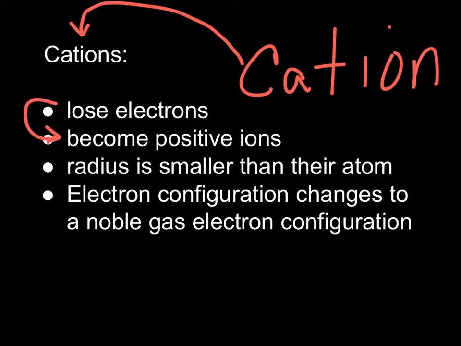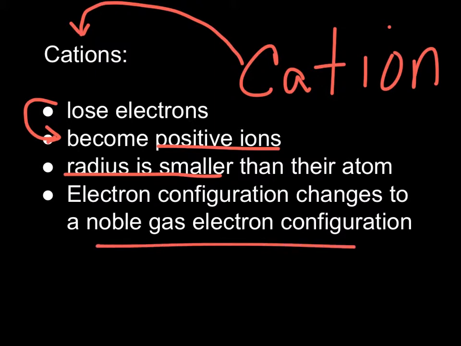When they lose their electrons, they have more protons than electrons, and they become positive ions. The radius becomes smaller because you tend to lose that valence shell, so your next shell in becomes your valence. Your electron configuration changes to a noble gas electron configuration, just like I showed you on the last slide.